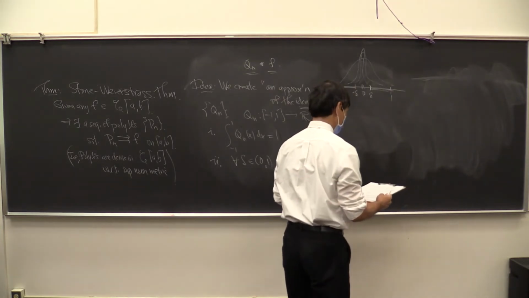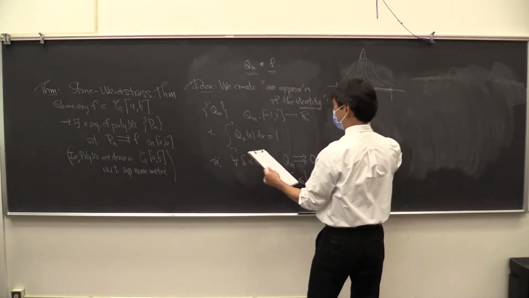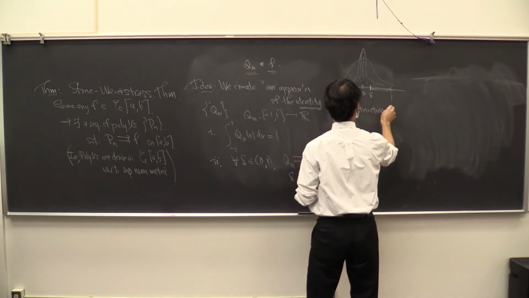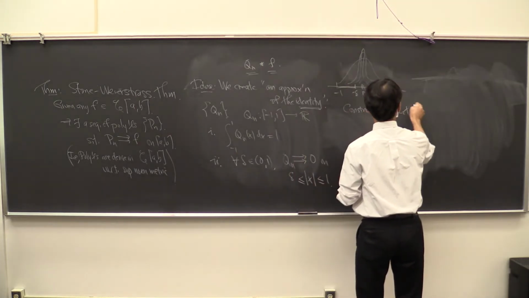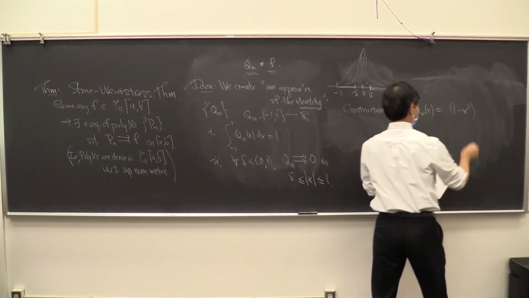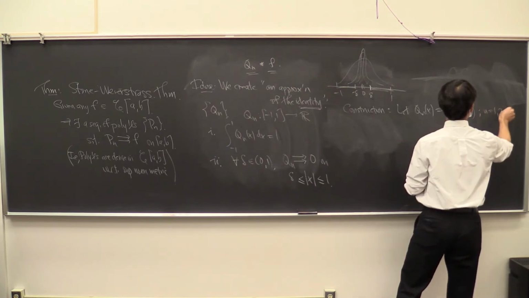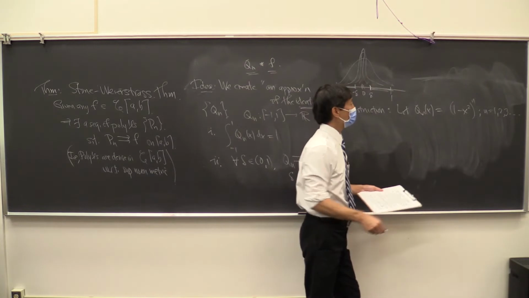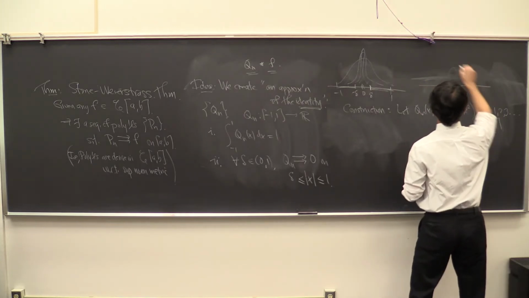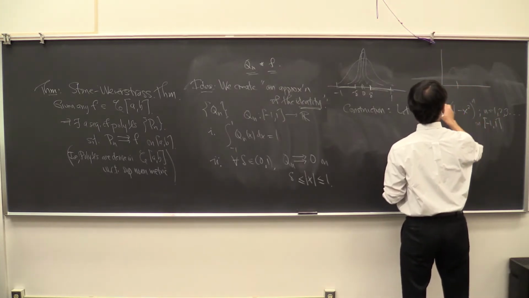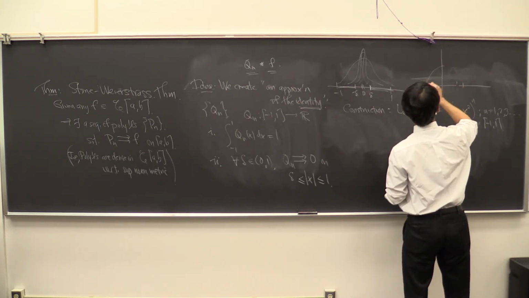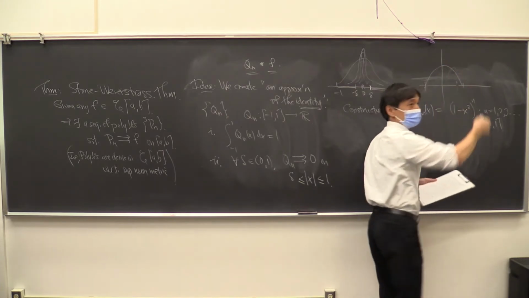So how are we going to construct the Qn? Here's a construction. We're going to let Qn be (1 minus x squared) to the nth power, as n is 1, 2, 3, etc., just on [-1, 1]. So it's 1 minus x squared, a parabola going downwards.